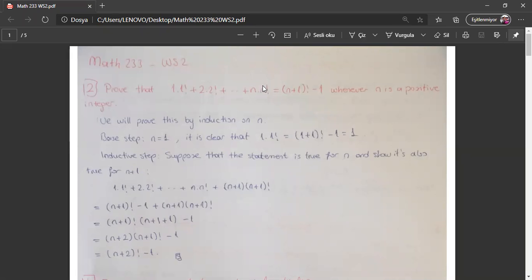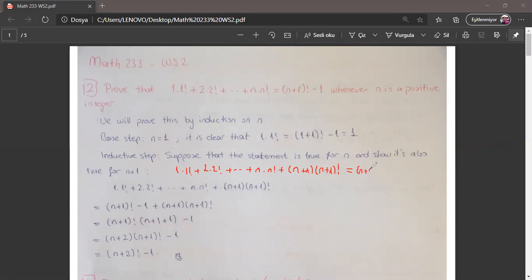If this statement is true for n plus 1, then we need to obtain that n times n factorial plus (n plus 1) times (n plus 1) factorial on the left equals, here now we have, instead of n, n plus 1.